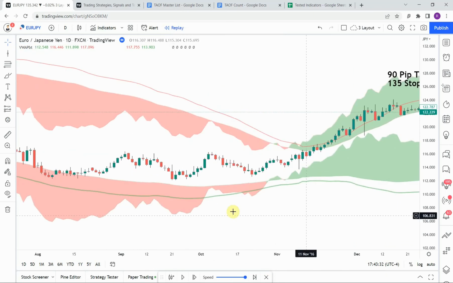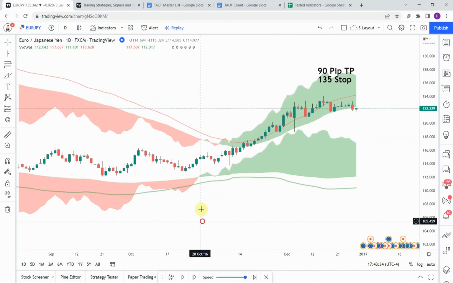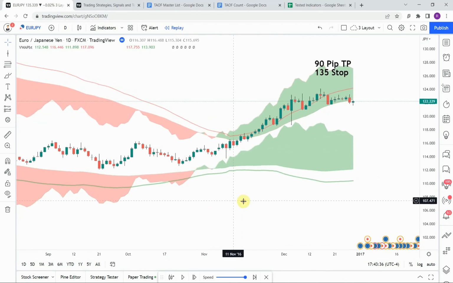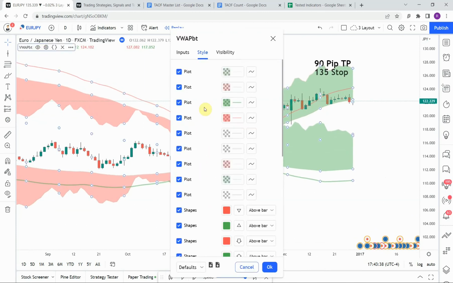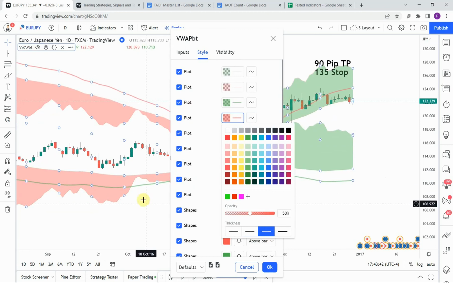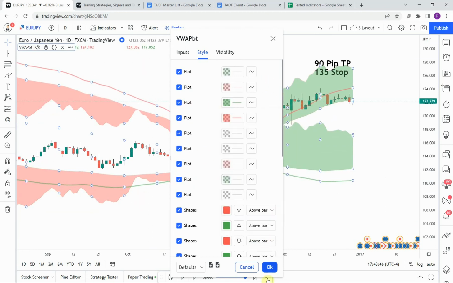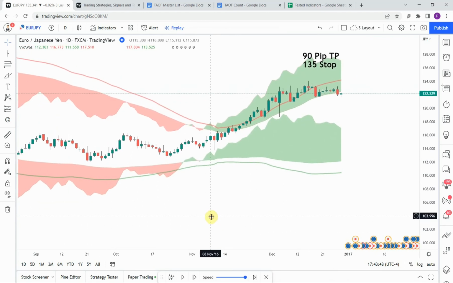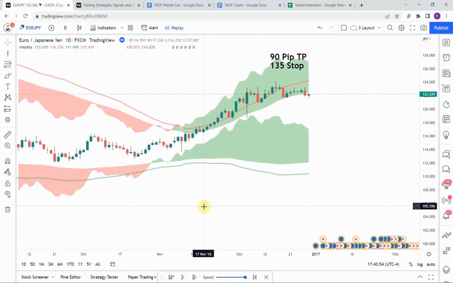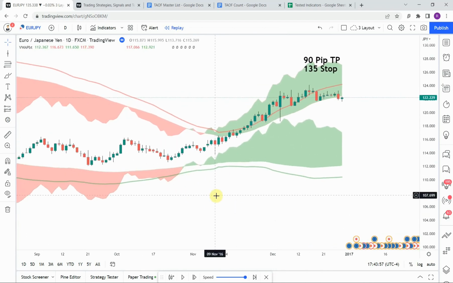Now you can see that we have a little bit more defined band on the top and on the bottom. Make sure that these are set to the correct weight. All right, there we go. So now you can see that we have a more defined band, these lines running along with this cloud that is taking place.